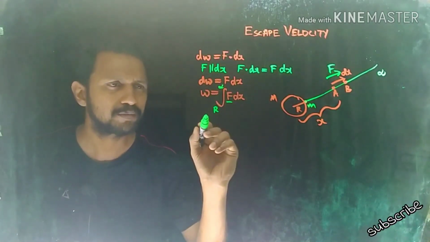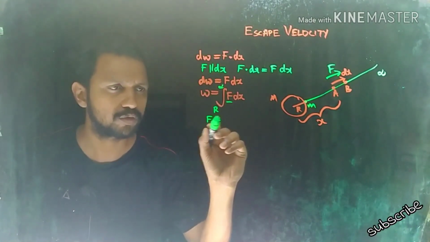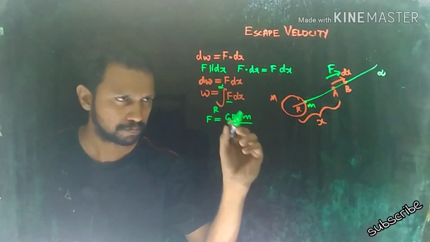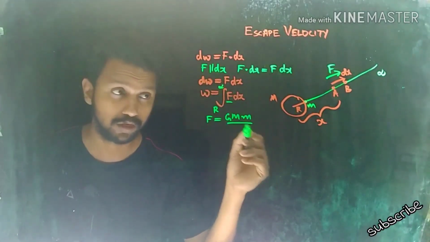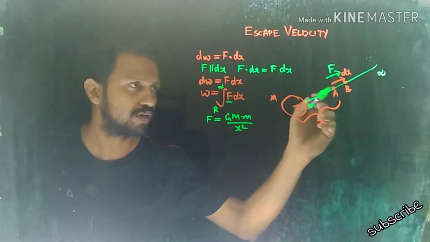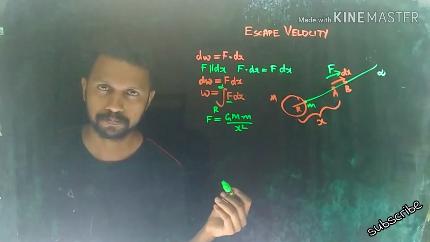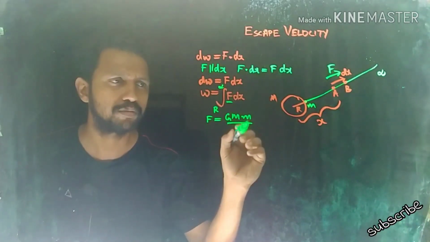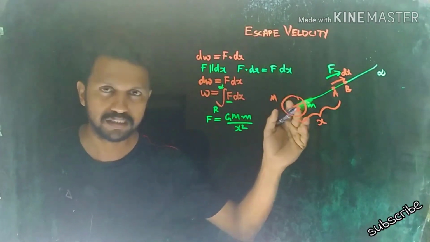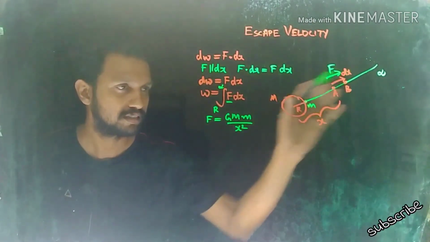We know the expression for gravitational force as F is equal to G capital M small m divided by, normally we are writing R square, but in this case I am writing x square because the distance that we are considering in this case is x. Therefore, F is equal to G M m divided by x square, where M is the mass of the planet, small m is the mass of the substance that we are throwing, and x is the distance.